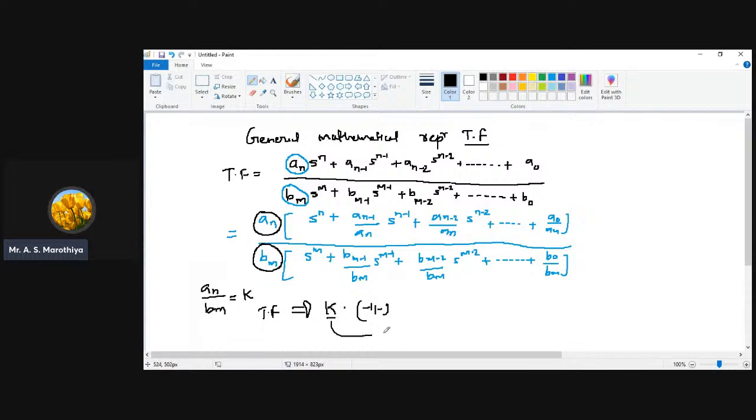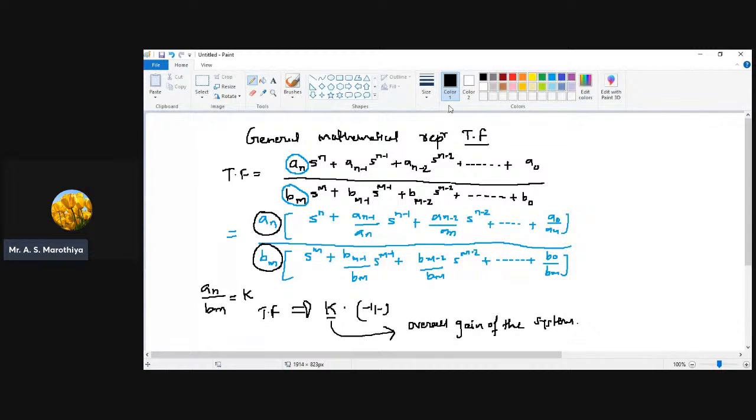So here this K is known as overall gain of the system. This is very important. So through transfer functions we are in a position to find out what will be the overall gain of the system. So this is the general mathematical representation of a transfer function for any physical system.